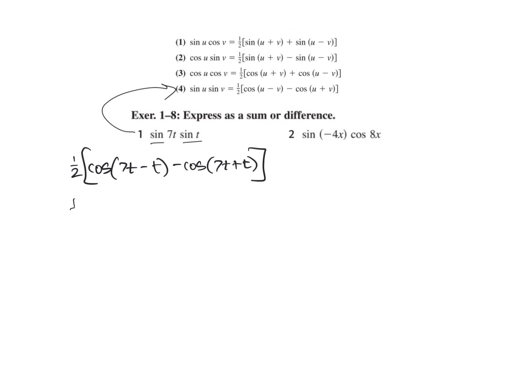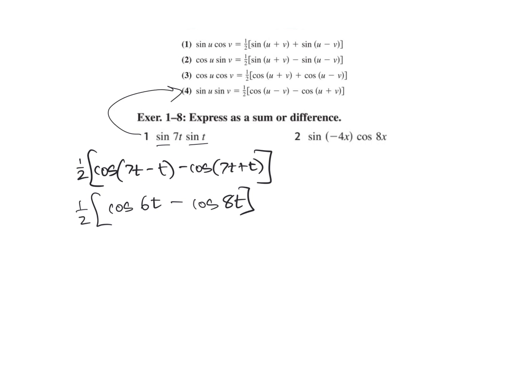And then we just combine everything the best we can. 7t minus t is 6t, minus the cosine of 7t plus t is 8t. And then we just have to distribute the 1/2. Be careful not to put the 1/2 on the angle. Don't apply that to the angle. So this is 1/2 cosine of 6t minus 1/2 cosine of 8t.